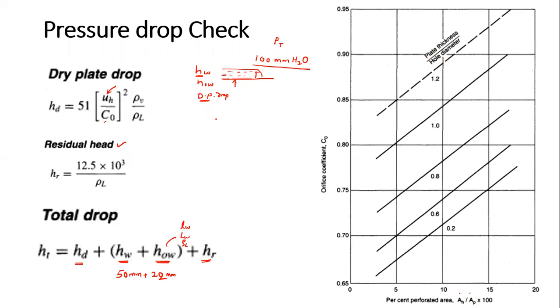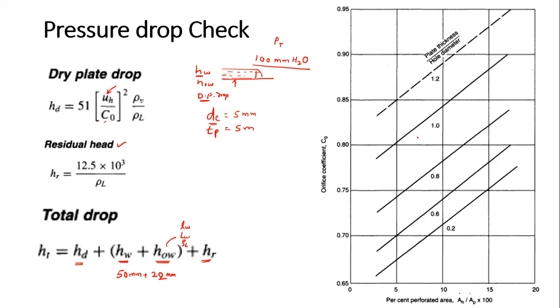We have taken the hole diameter to be 5 mm. Plate thickness is also recommended to be around 5 mm. So this ratio becomes 1. This is the most recommended ratio.